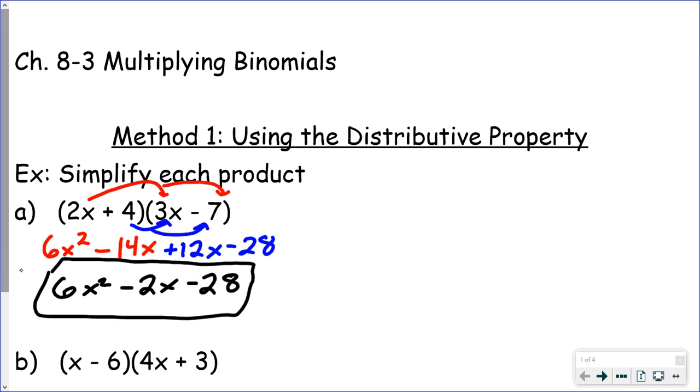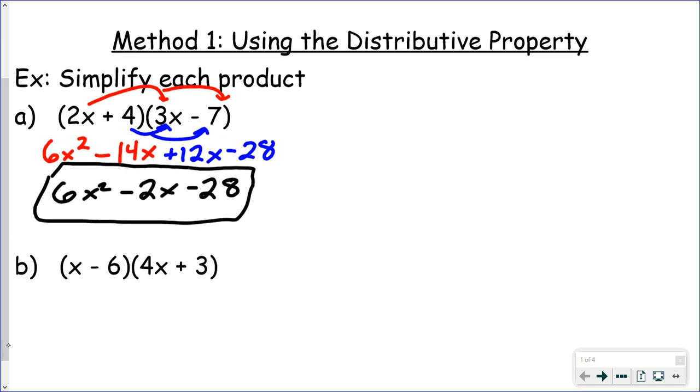Let's look at one more of those using this method. I'm going to multiply the x times the 4x and the x times the 3. So x times 4x is 4x squared, plus x times 3 is 3x. Be careful here with this 6. This minus sign belongs to the 6, so I'm distributing a negative 6 in here.